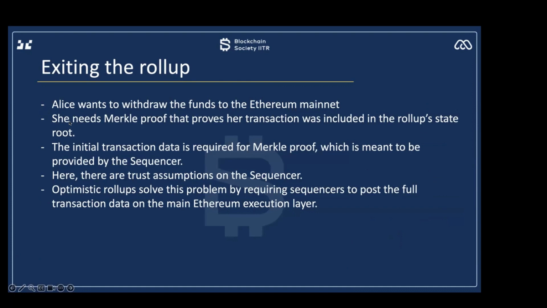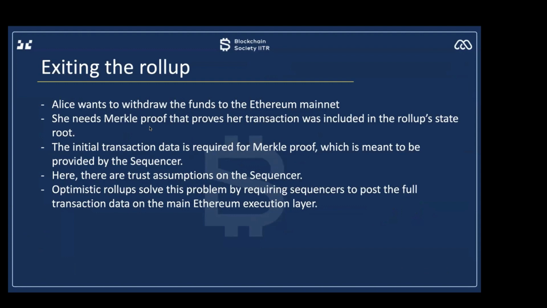Now, exiting the rollups. How are we able to exit an optimistic rollup? Initially, we submitted, say, 10 ETH to the bridging contract, and that fund was locked. Now, Alice wants to withdraw those funds, and she wants them back on the Ethereum mainnet. How will she get them back?